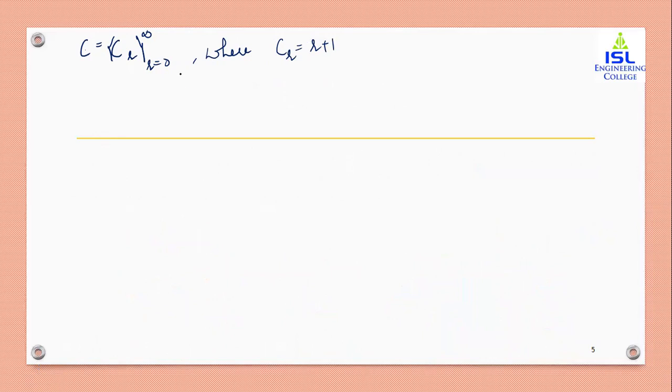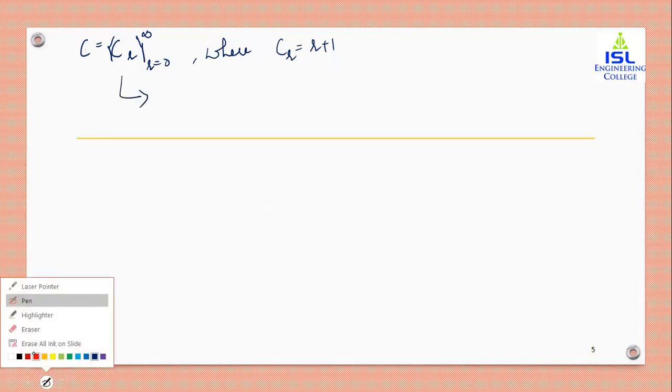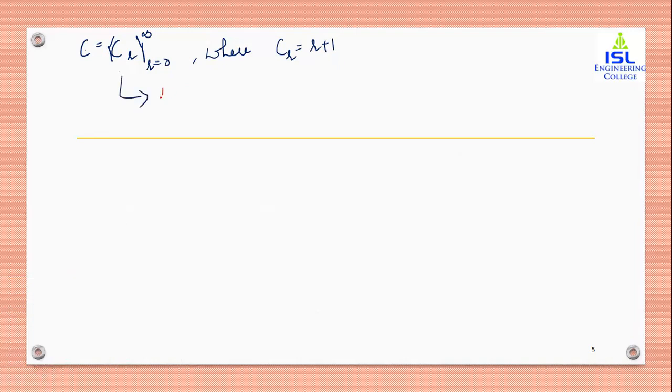So for r equal to 0, our first term will be 0 plus 1, second term c1 will be 1 plus 1 and so on. So this sequence is denoted as one, two, three, four, five.